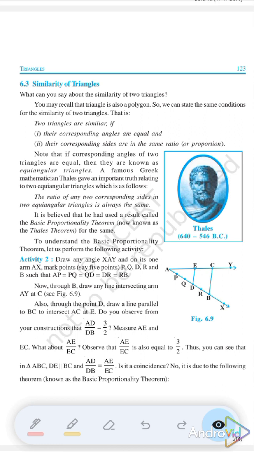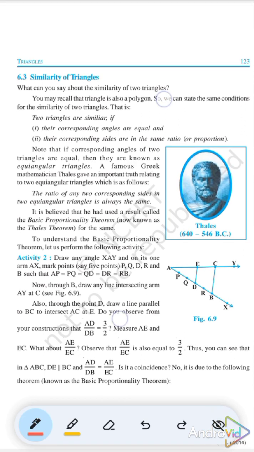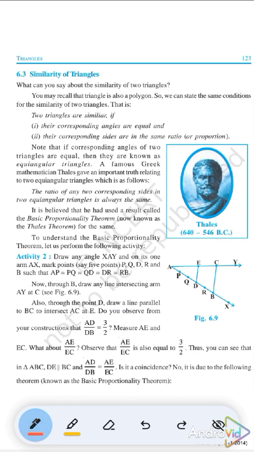So hence, if similarity exists for polygons, it also exists for triangles as well. So we can say that two triangles are similar if their corresponding angles are equal, and second, their corresponding sides are in the same ratio or in the same proportion.